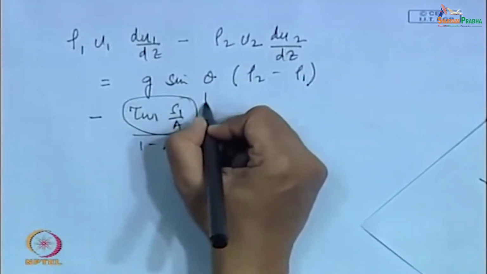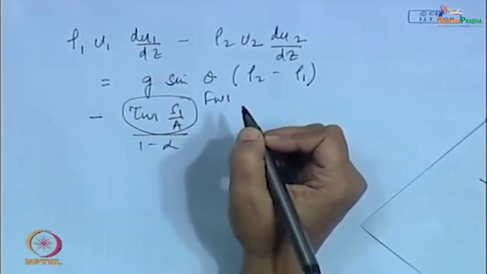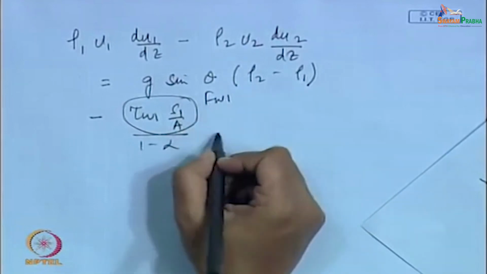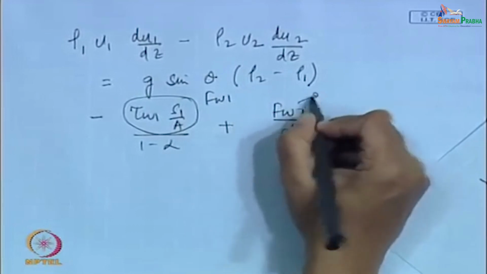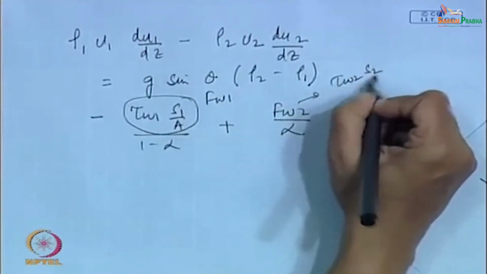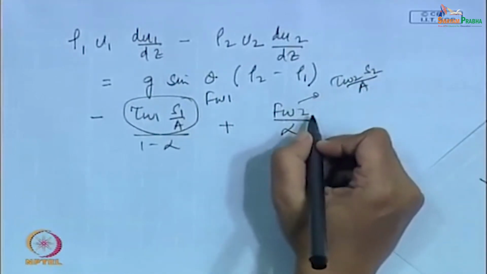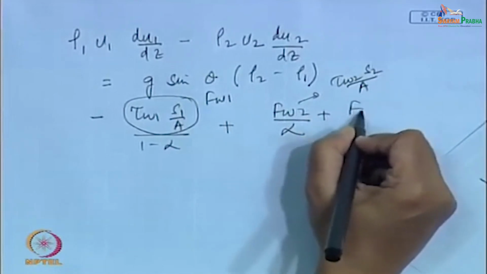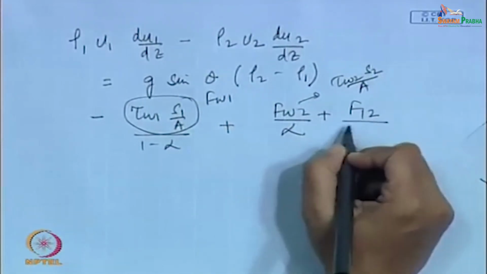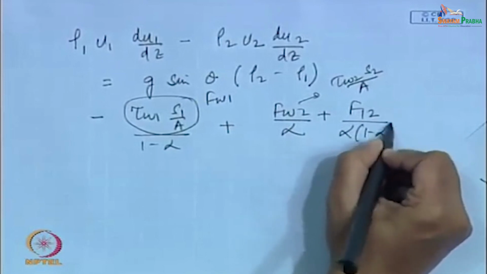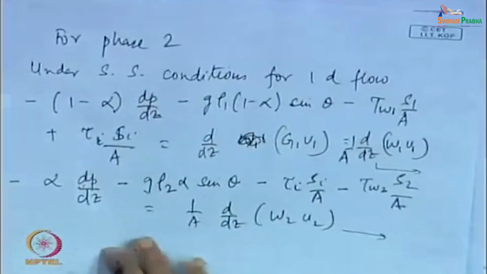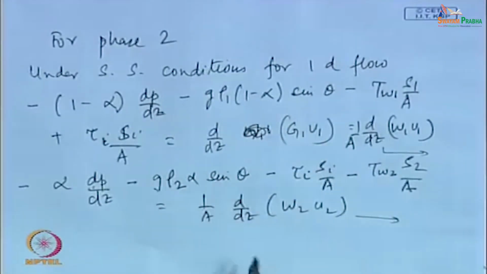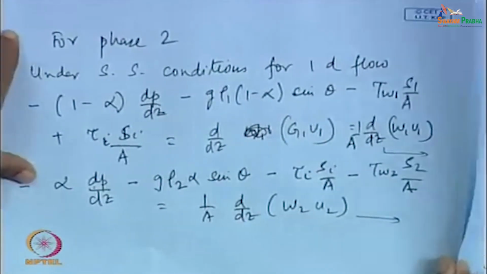This can be taken as f w1, the interaction of phase 1 with the wall, plus f w2 by alpha. This f w2 is nothing but tau w2 S2 by A, plus F12 by alpha into (1 minus alpha). Just see these two equations and see whether you can get what I have written down.